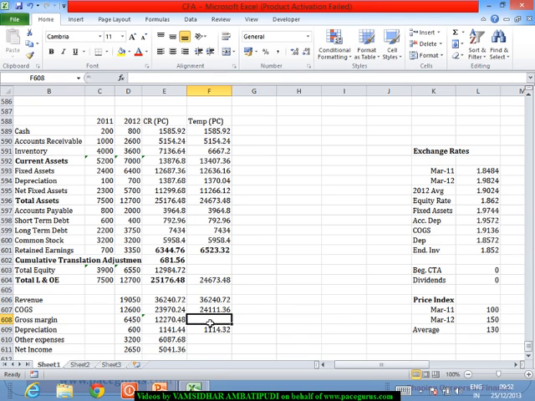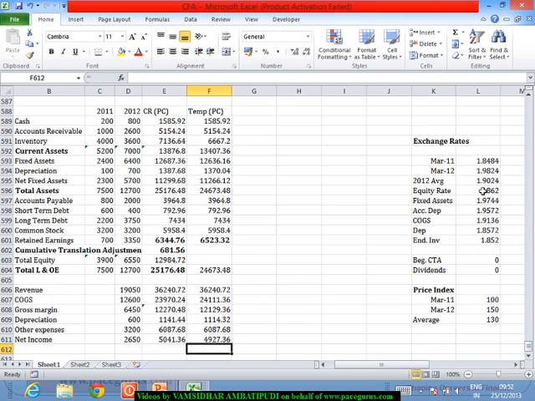So here comes the gross margin, which is the difference between these two. The other expenses also I am multiplying with the average rate. So from here I get my net income: gross margin minus depreciation minus other expense.